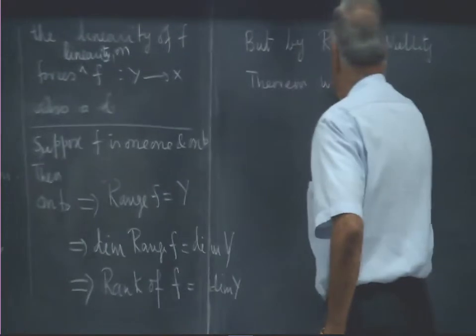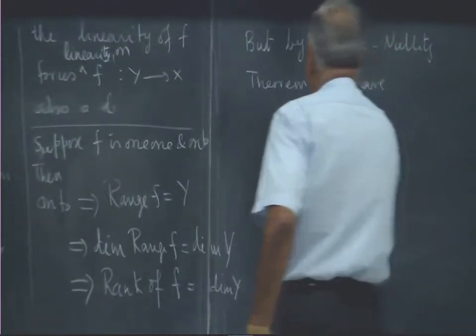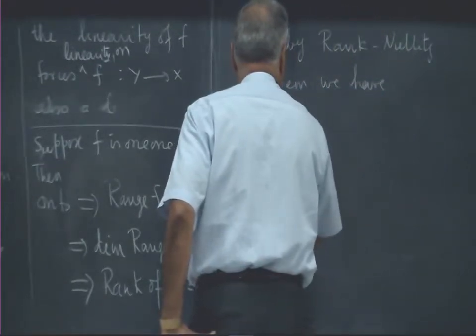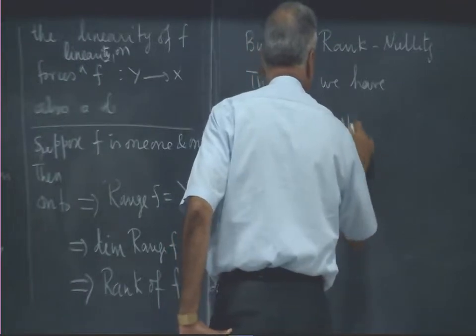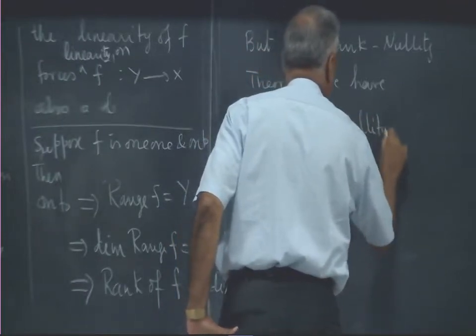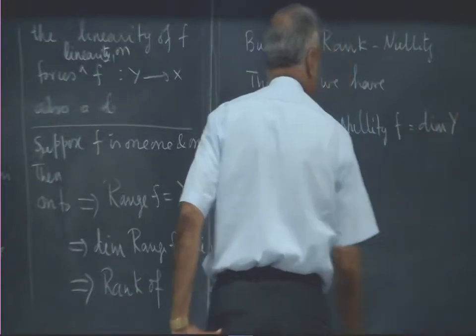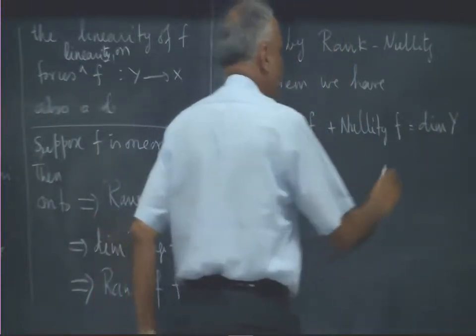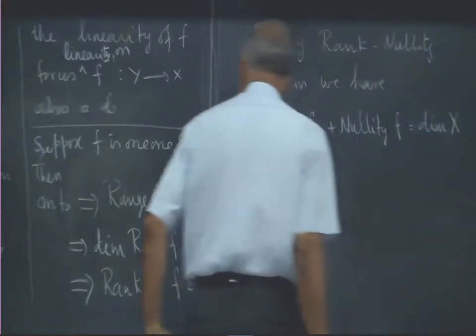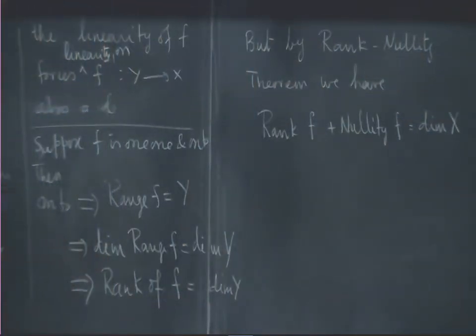We have rank of F plus nullity of F is equal to the dimension of X. Rank plus nullity equals the number of columns, which is the dimension of the domain space.